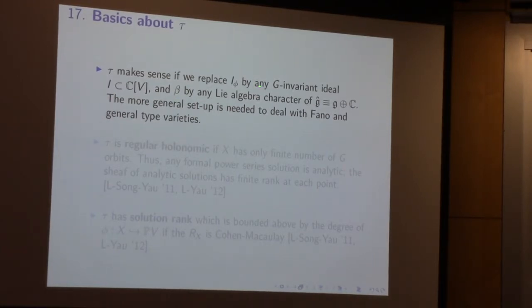And beta, you can replace by a Lie algebra character of this trivial central extension of G. So instead of a single complex number, you can replace it by a full character, and the whole definition will make perfect sense. This generalization turns out to be necessary to deal with the Fano and general type case. I don't think I have time to get into the specifics of this, but I thought I'd mention it as a remark.